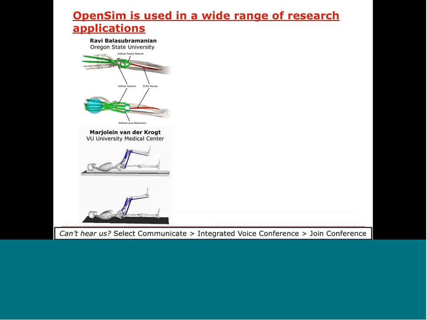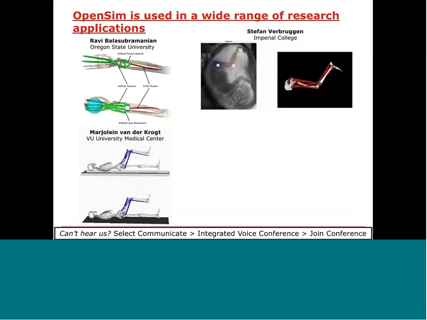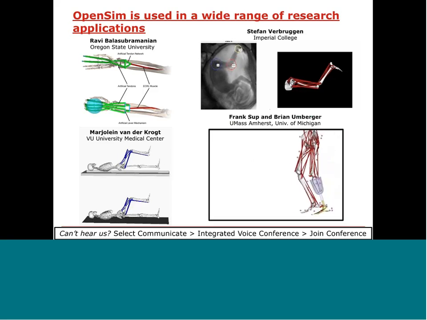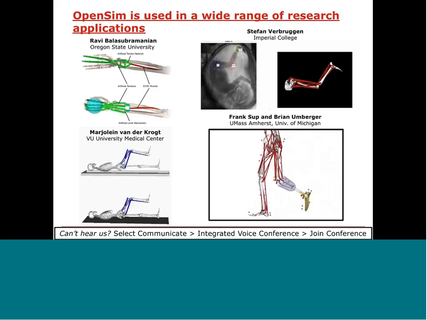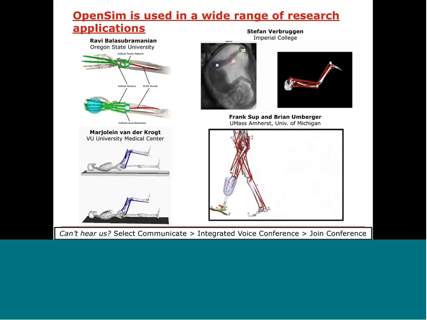Marjolein van der Kroot from the VU in Amsterdam is using OpenSim to simulate the effects of muscle spasticity. Stefan Verbruggen and colleagues at Imperial College in London are using the software to simulate fetal kicks in the womb. And Brian Umberger and Frank Supp at UMass Amherst and the University of Michigan are using OpenSim to model the limb socket interface in amputees.